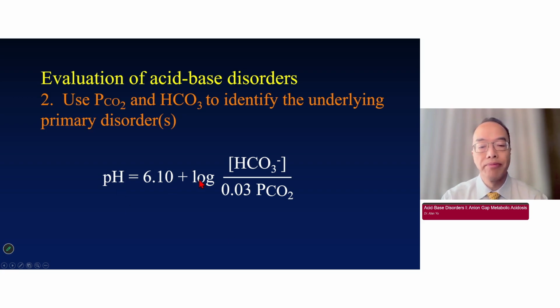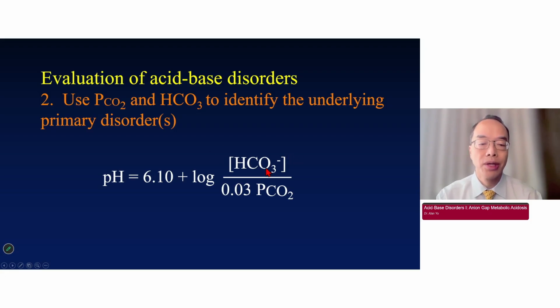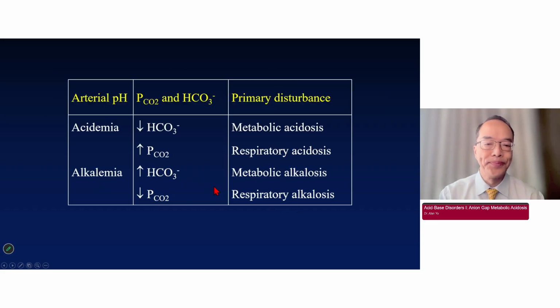So the pH is basically dependent on the log of the bicarbonate concentration divided by the PCO2. And so you can immediately see that when the bicarbonate goes up, your pH goes up. When it goes down, the reverse. And the opposite occurs when your PCO2 goes up, your pH goes down.